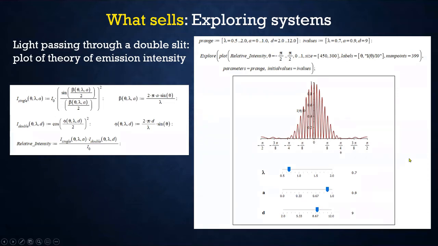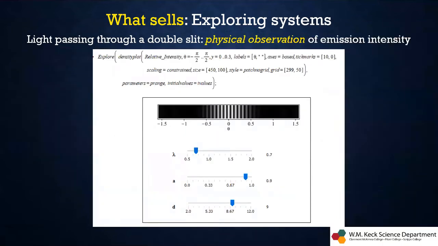This is very useful for me in terms of saying, okay, I want you to create an explore function so that you can teach someone else how to visualize what's going on here. But often they say, oh, what I'll do is I will make a plot. But the plot, again, is a perspective of recognizing that where the function is high is a white spot and where it is low is a black spot, when they can actually do the same thing using the explore function with a density plot.